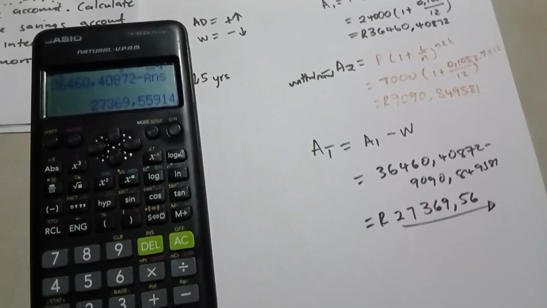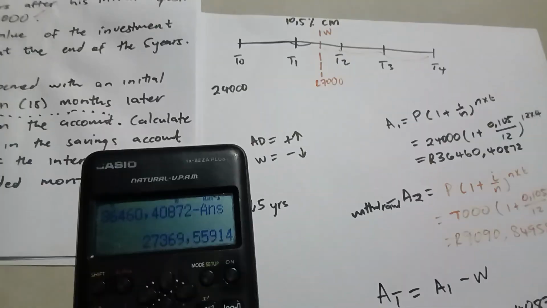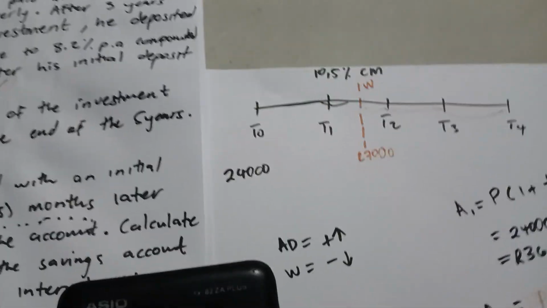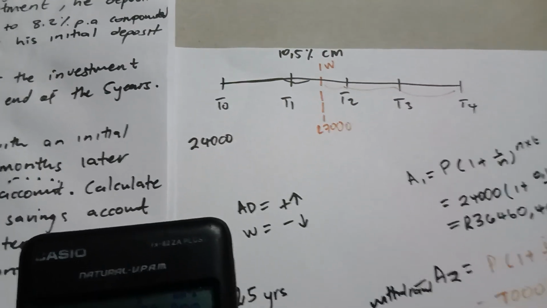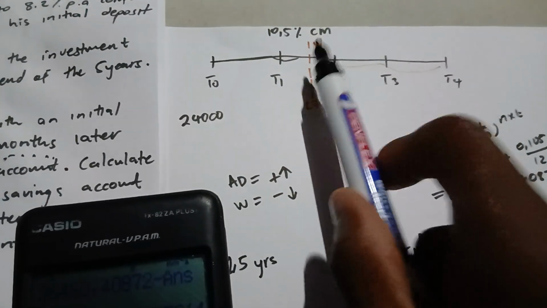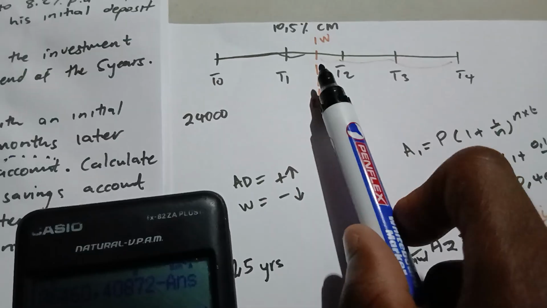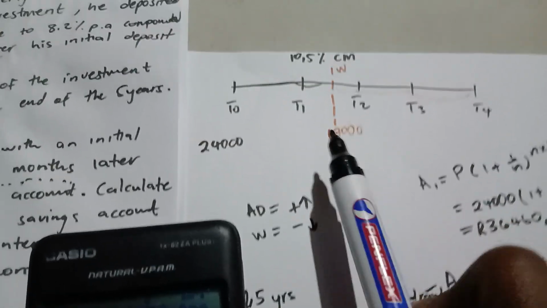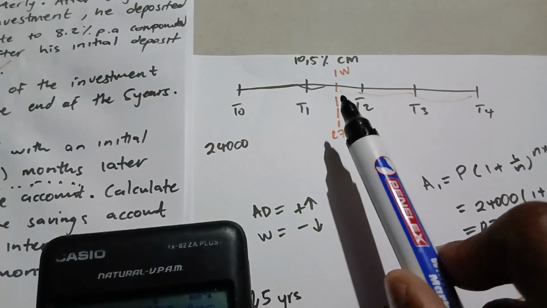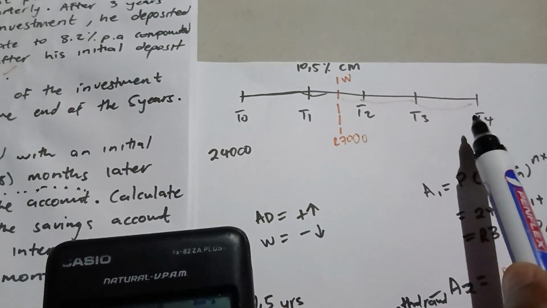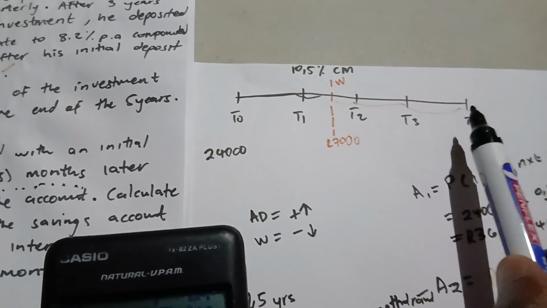Remember now, recap. If you withdrew during the financial period, you are going to do it on the timeline and say, okay, if I withdraw here, the interest on the 7,000 for the remaining number of years is now affected.